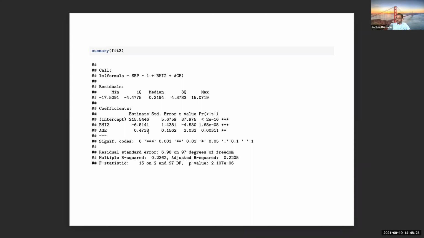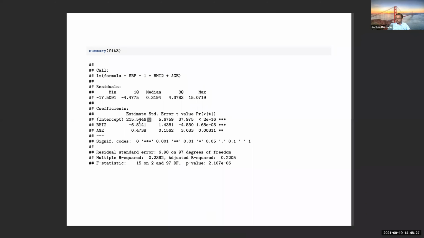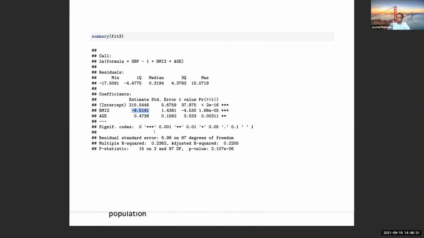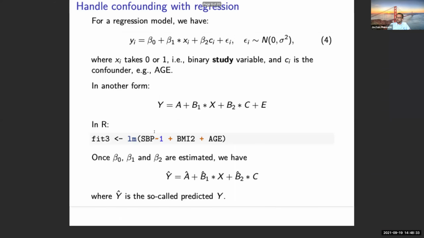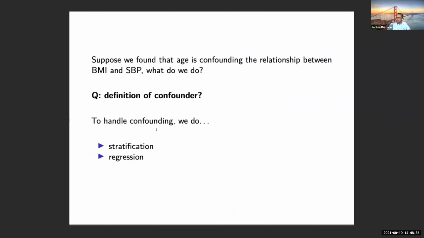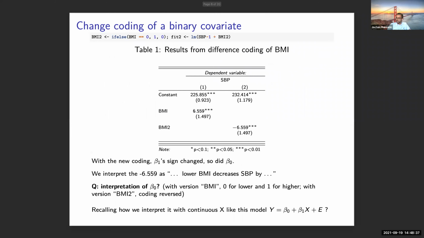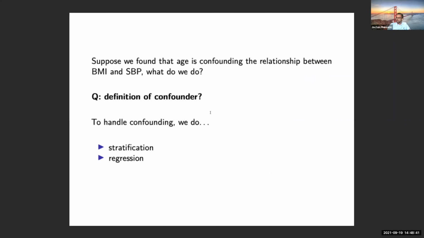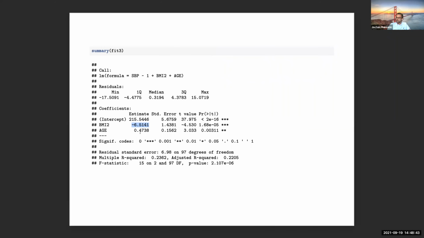Okay, so this is our fit 3. We have now the 6.514. So this is obviously different than what we had before, because now it factors in age: 6.559 versus 6.541. This has changed because age is a confounder in the causal pathway between BMI and systolic blood pressure.